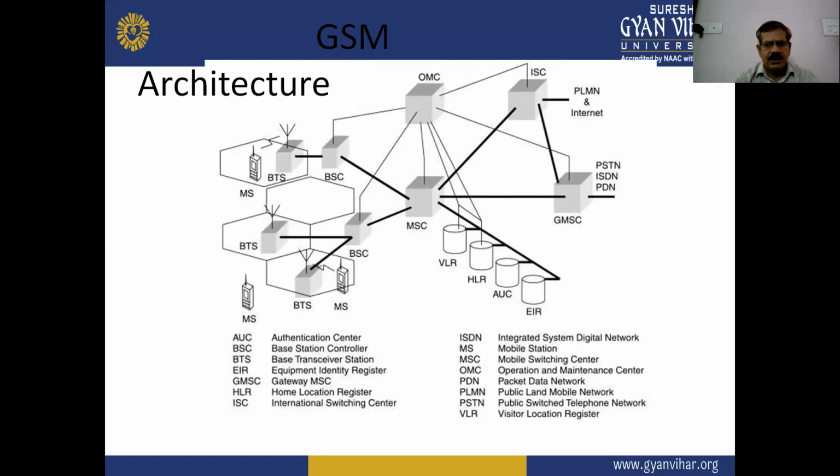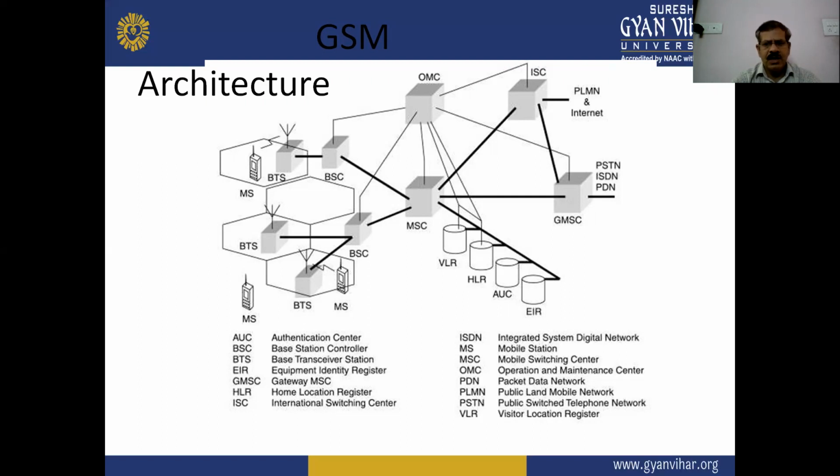GSM architecture. In the GSM architecture given here in the circuit diagram, there is the authentication center, base station controller, base transceiver stations, equipment identity register, gateway MSC, home location register, and international switching centers.